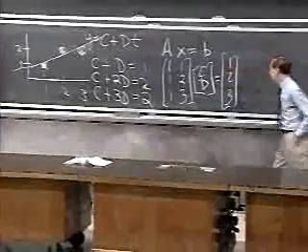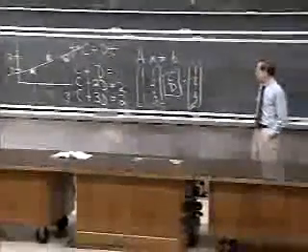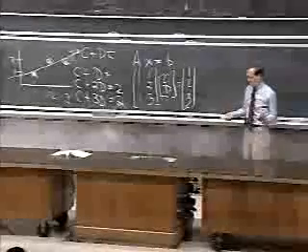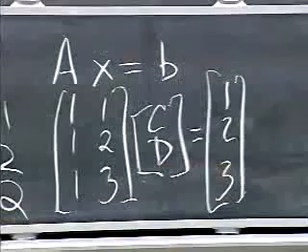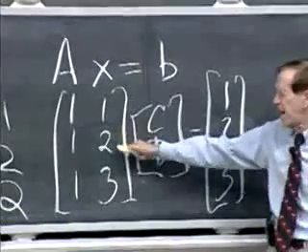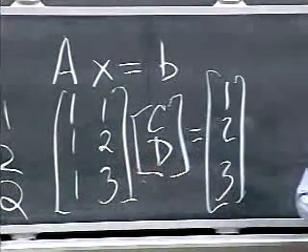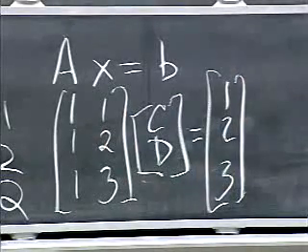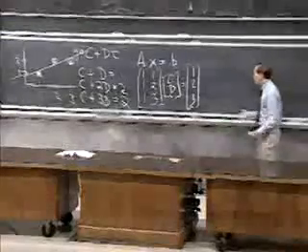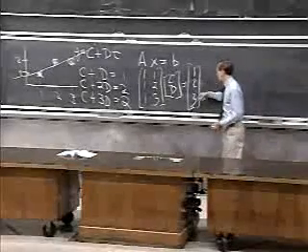Okay. No solution. I have a 3 by 2 matrix. I do have 2 independent columns. So I do have a basis for the column space. Those 2 columns are independent. They're a basis for the column space. But the column space doesn't include that vector.